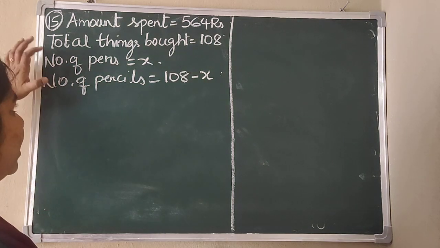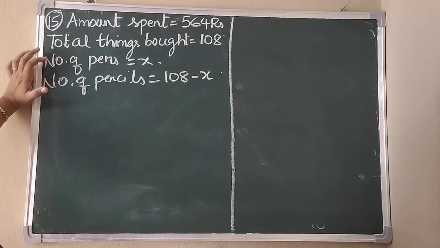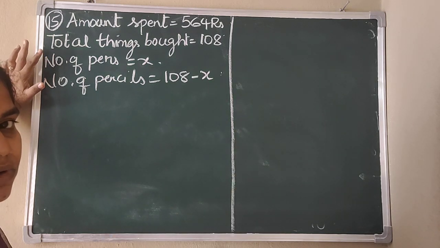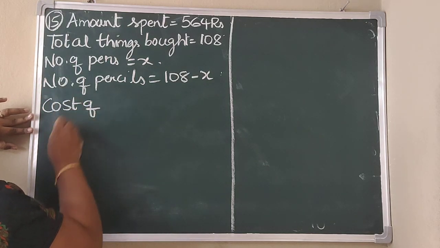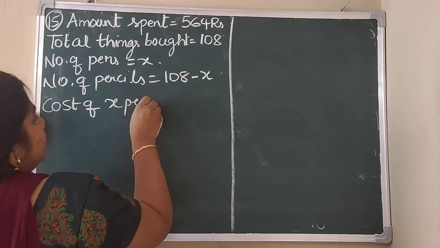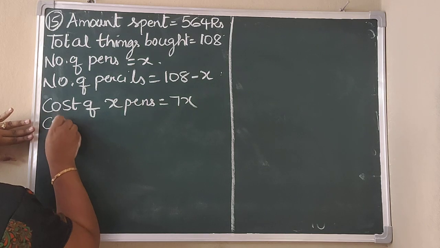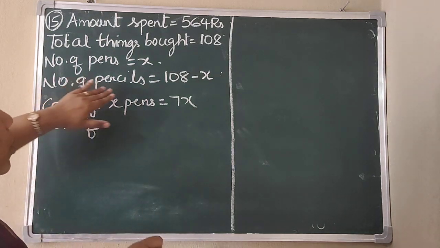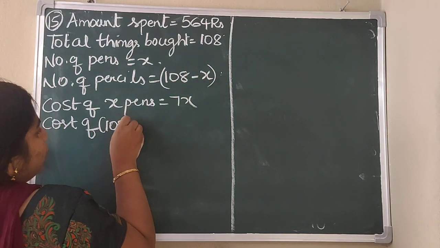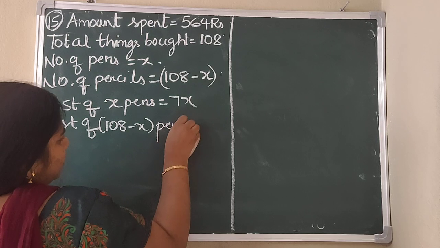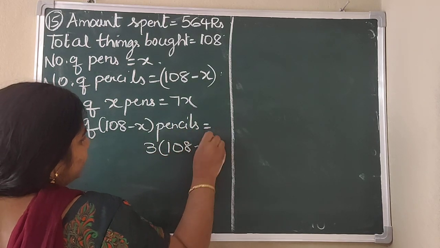Now the cost of one pen is 7 rupees, so the cost of x pens will be 7x. The cost of one pencil is 3, so the cost of 108 minus x pencils will be 3 into 108 minus x rupees.